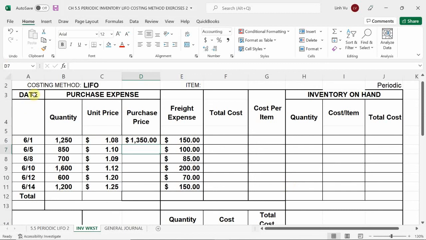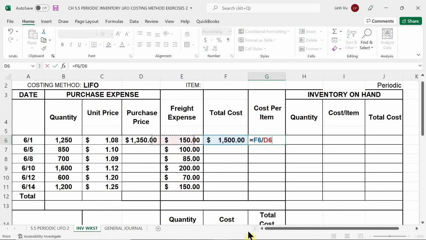Plus my freight of $150 is going to give me a total cost of $1,500. So in this case, what is going to be my cost per item here? $1.20. Now in this case, I just want to ensure, is this correct? Yes, it is. It's $1.20.